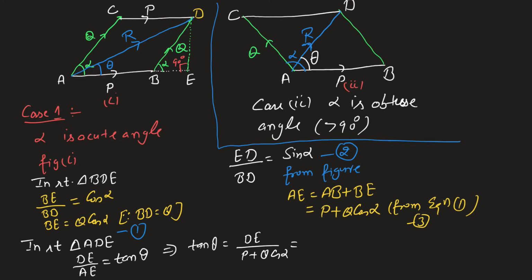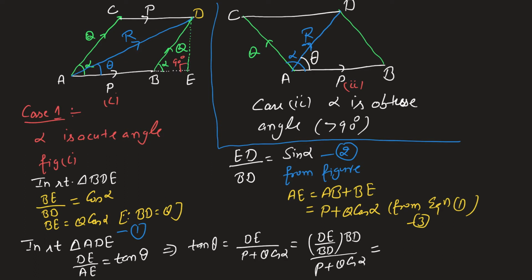So ED upon BD, we have that value from equation number 2. So I have introduced BD over here. So here will be BD divided by P plus Q cos alpha, and from equation number 2 this thing is sin alpha.